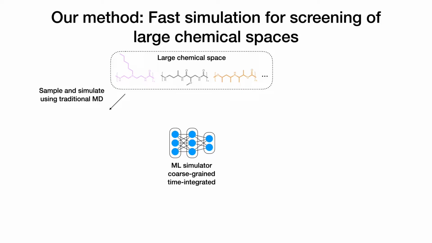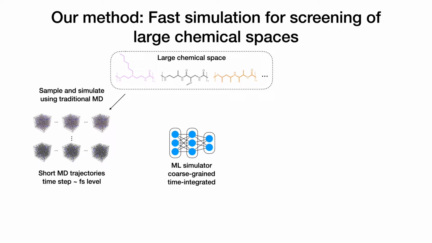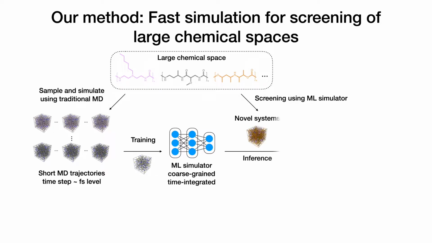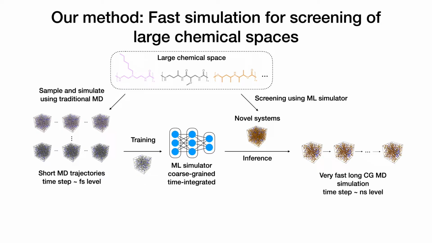We start by sampling short MD trajectories using traditional MD, which we use to train our model. The trained model can then be used to simulate other novel unseen systems in the large chemical space for very long trajectories, which are highly efficient with a nanosecond level time integration step. Long time properties of interest can then be computed from the learned simulated trajectories.